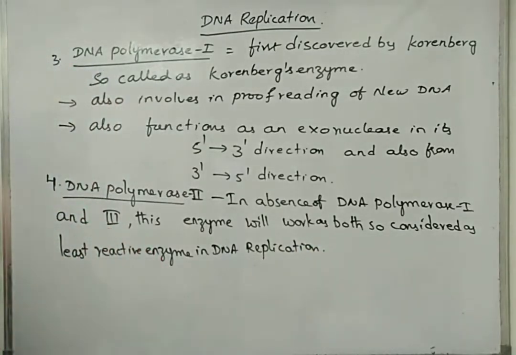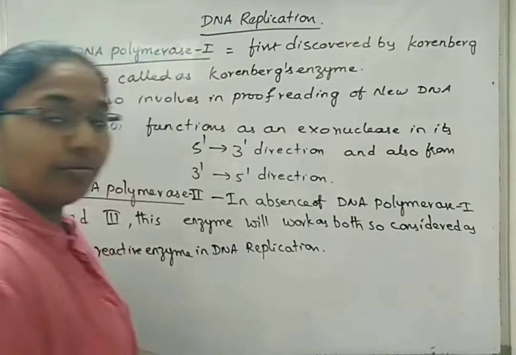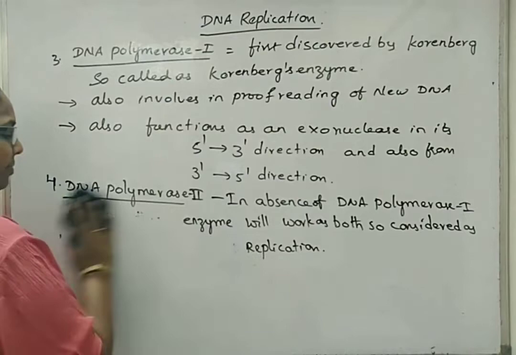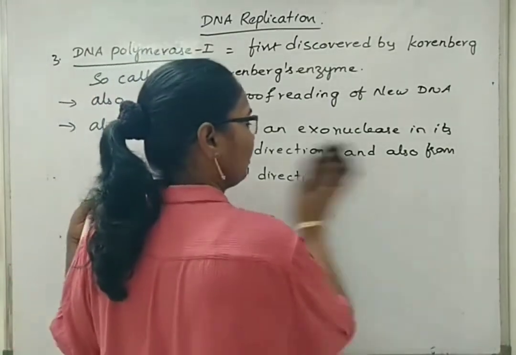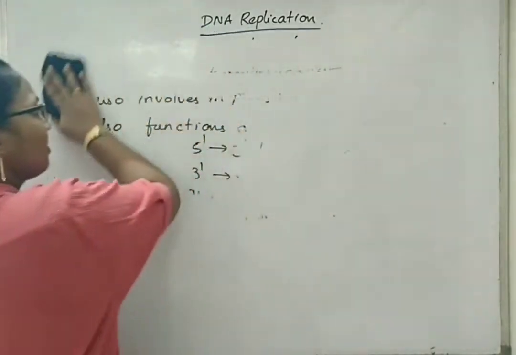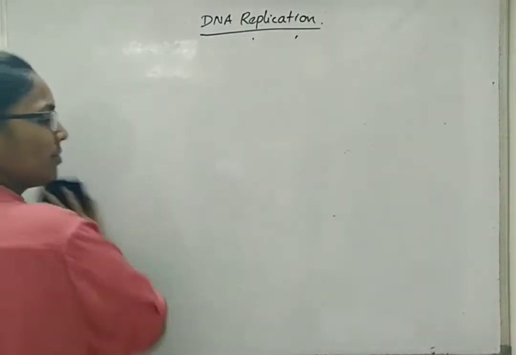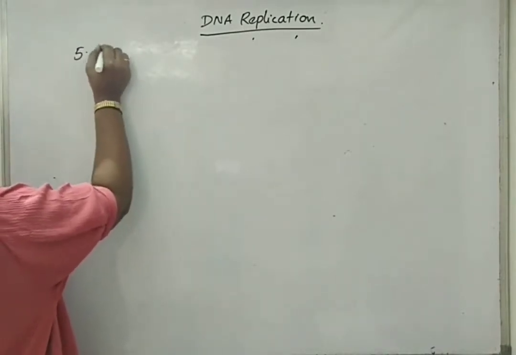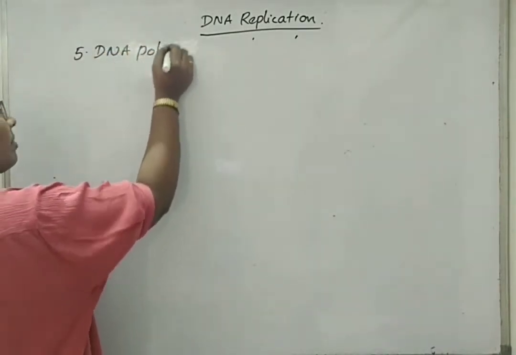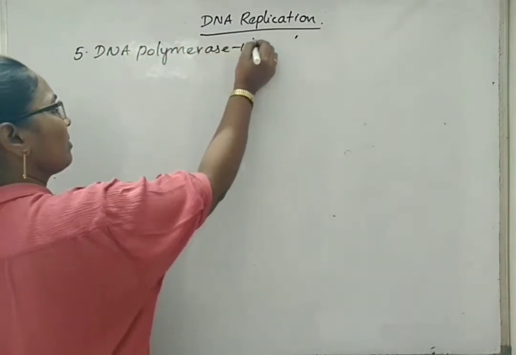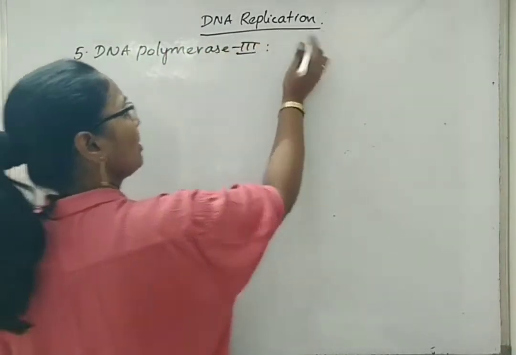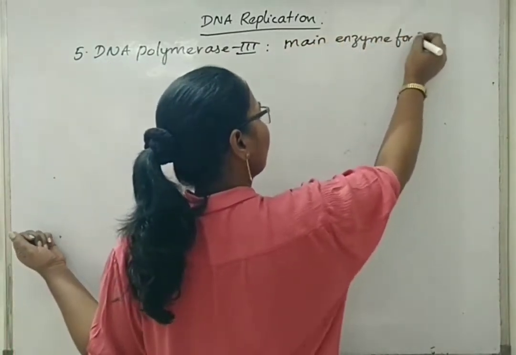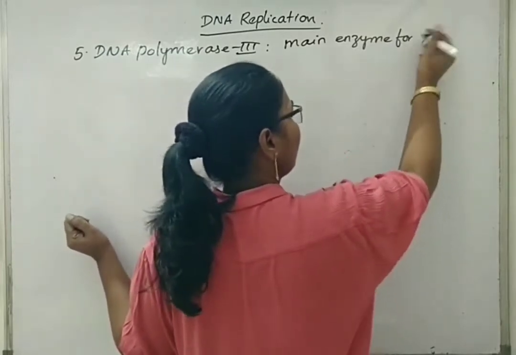Next one is DNA polymerase 3, which is very important and main enzyme out of the 3 types of DNA polymerases. It is the main enzyme for autocatalysis.